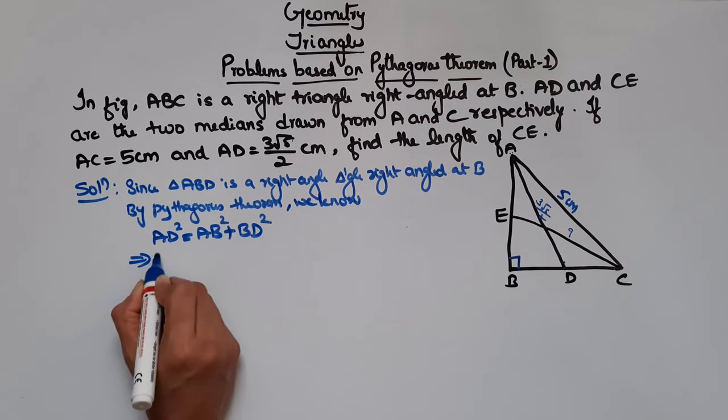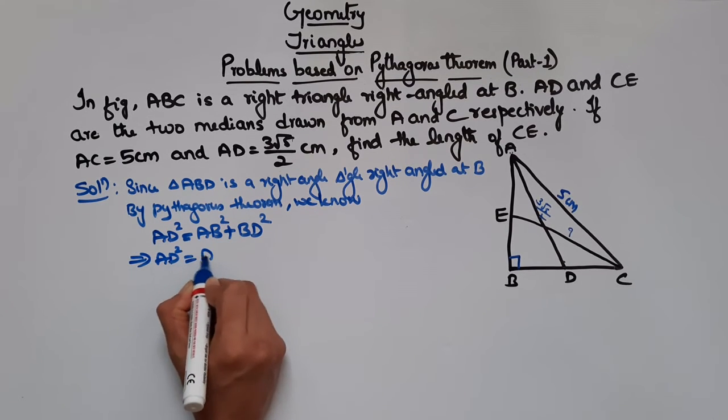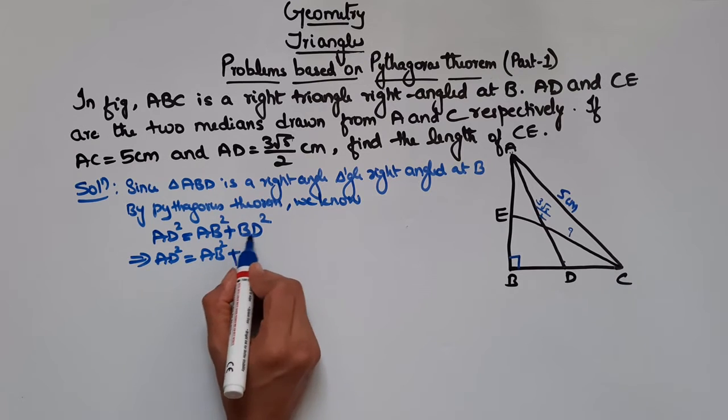So this implies AD square is equal to AB square plus BD square.